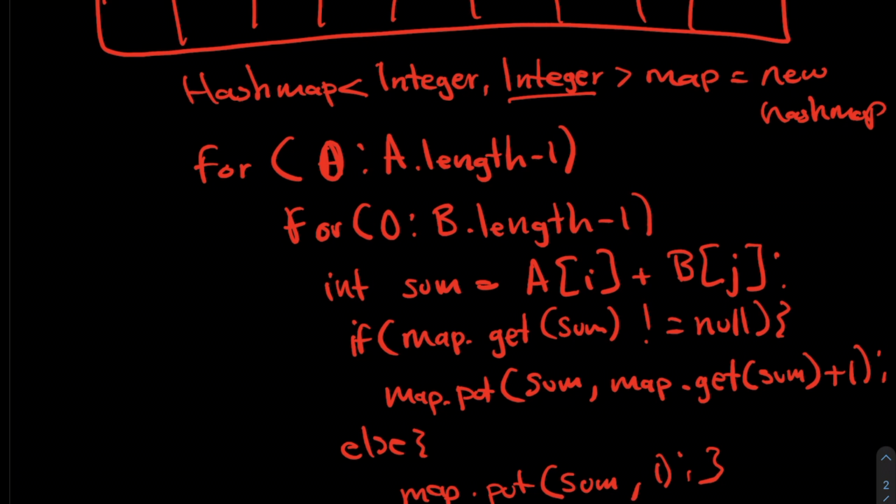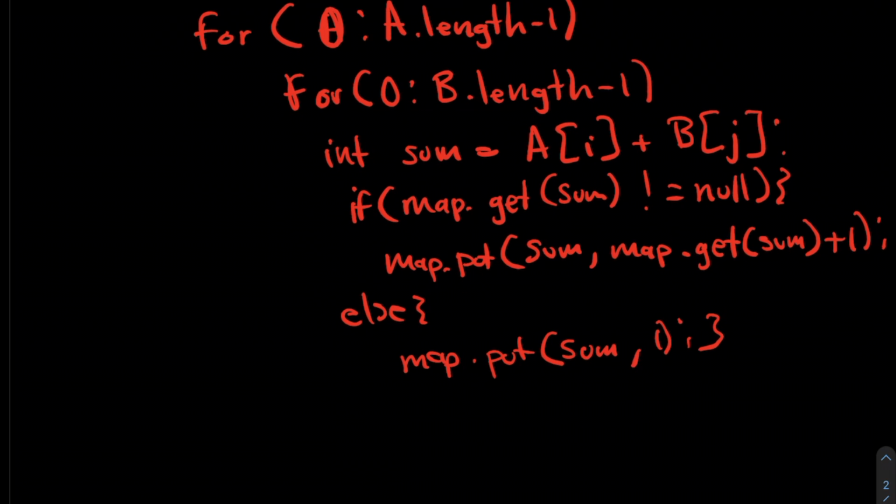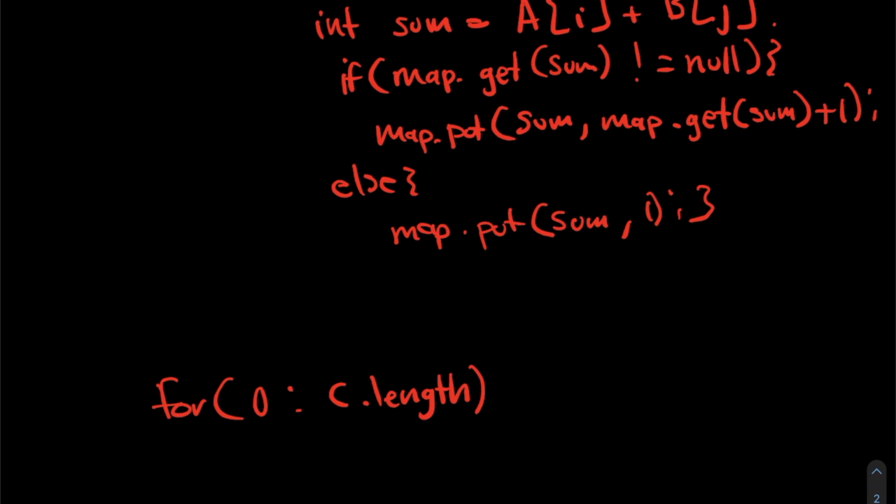Cool. So that takes care of adding the sum of the first 2 lists, right? You're still going to have to do 2 for loops here. I've already written the first one, so now we're going to write out the second one. d.length, and this is supposed to be d.length - 1, not just the length, because otherwise we'll get an error.